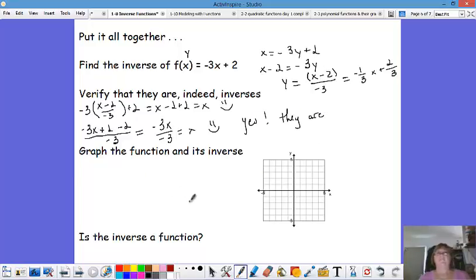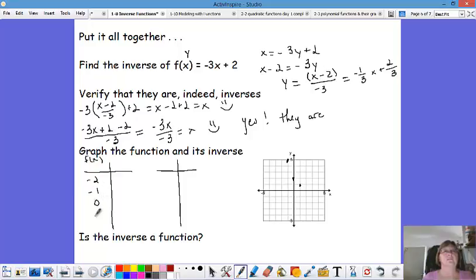All right, graph the function and its inverse. Okay, I'm going to graph my f of x over here. I'm going to use the x as negative 2, negative 1, 0, 1, and 2. Once I find values for y, I'll graph the inverse over here, so f inverse of x. And when x is negative 2, negative 3 times negative 2 is 6. 6 plus 2 is 8.